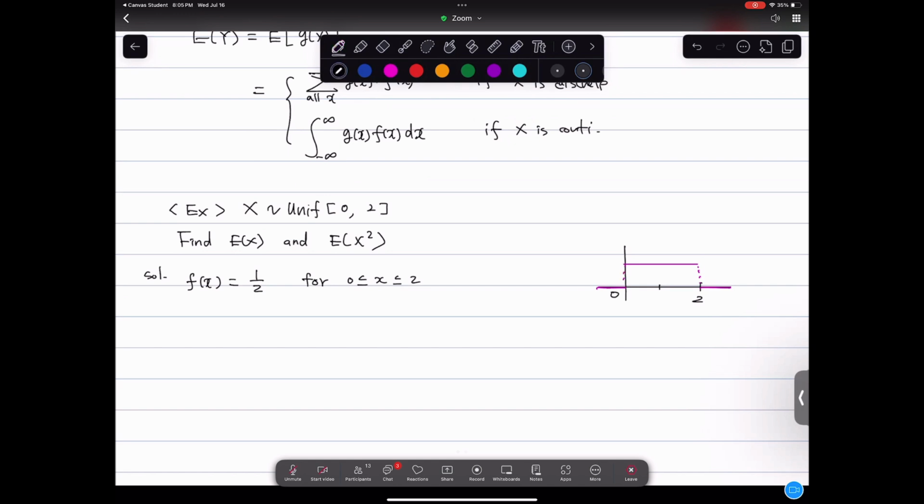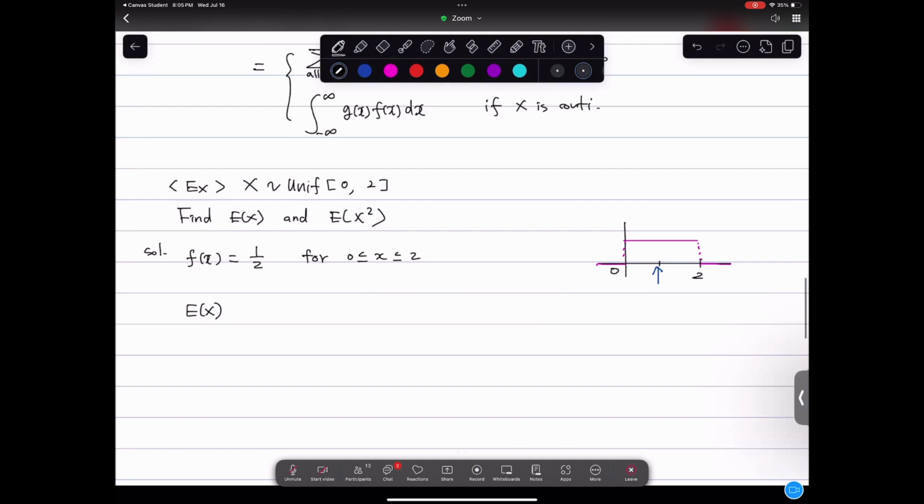So your E of x is kind of saying what is the center of this distribution. So we're looking at the center as a mean, as expected value. So you integrate, by definition, x times f of x dx. In this case, you have to go from 0 to 2.